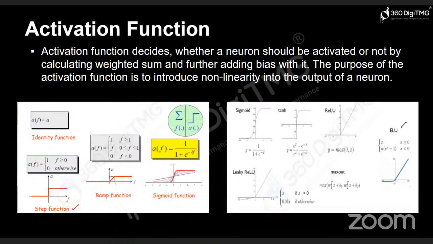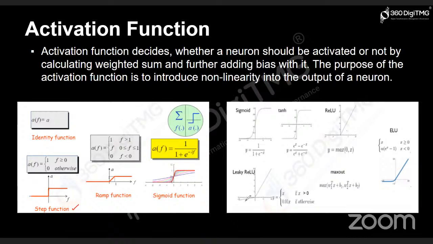So you can see elu. It gives x when the value of x is greater than or equal to 0, and alpha times e to the power x minus 1 when x is less than 0. So we can see the graph will be like this. Now leaky relu is the same as relu, but for relu, if we have a negative term, it will be 0, and for positive, it will give us values.